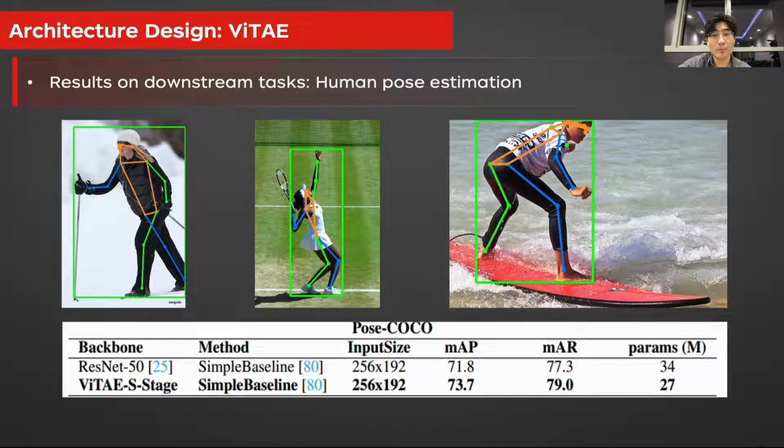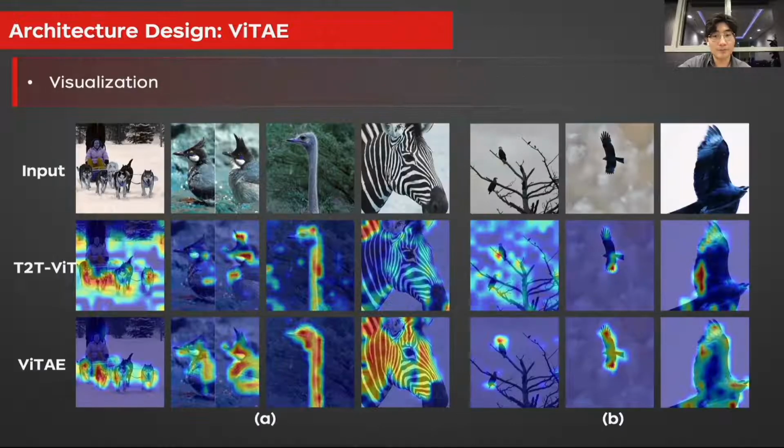The results demonstrate that the performance gain of ViTAE also persists in the downstream tasks with fewer parameters. We also visualize the features of the proposed ViTAE model and the classic transformer model T2T-ViT.